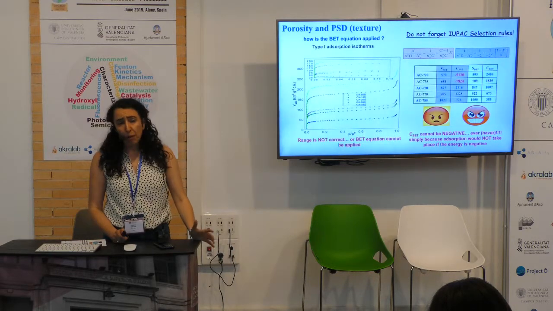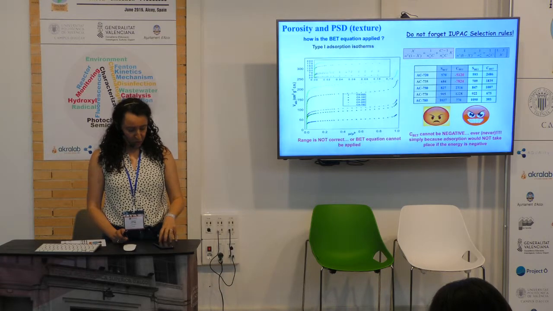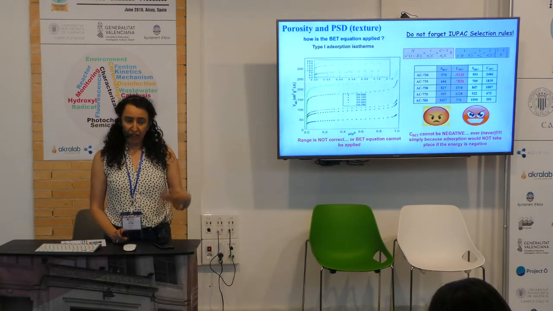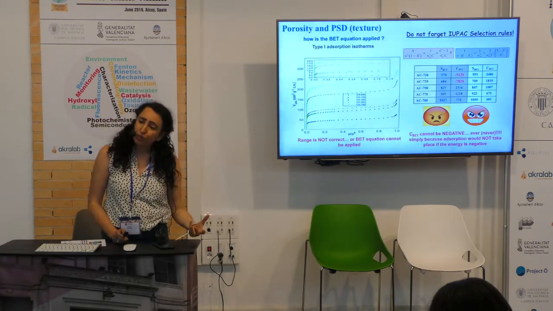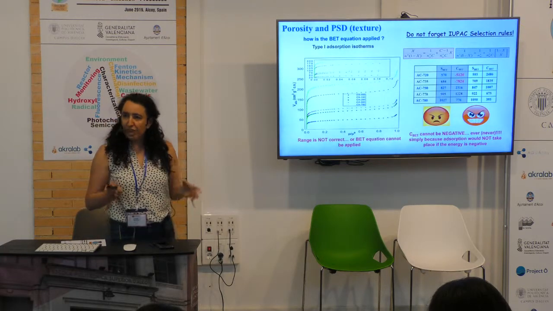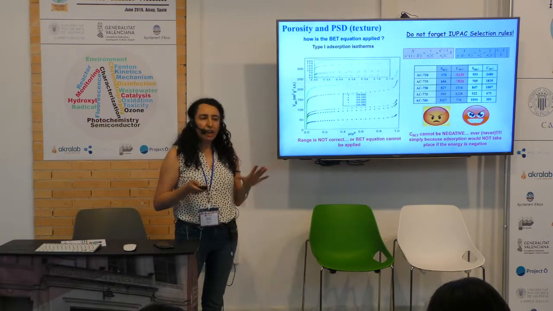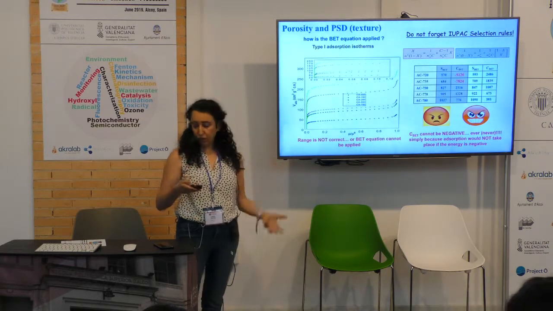This cannot happen, because the constant of BET is a measurement of the affinity of adsorption. If it's negative, it means that there is no adsorption. So how come that you measure it from an adsorption isotherm? It's contradictory. So please check all the numbers and be aware that the fact that you have an equation does not mean that you can apply it.